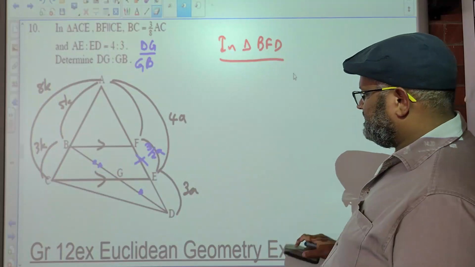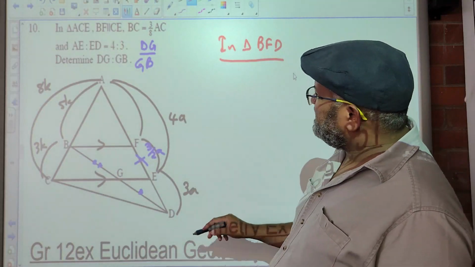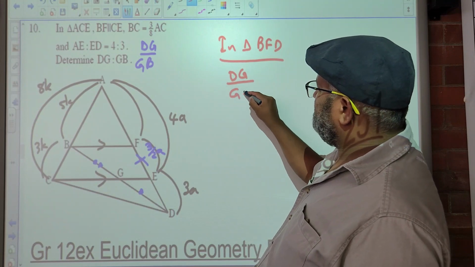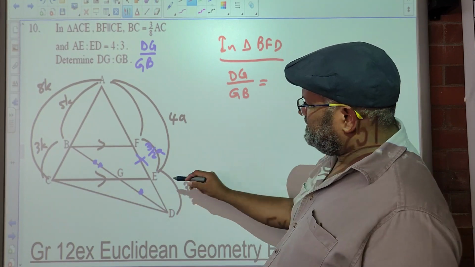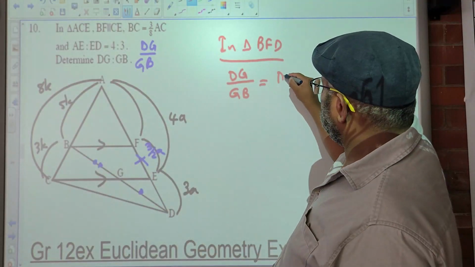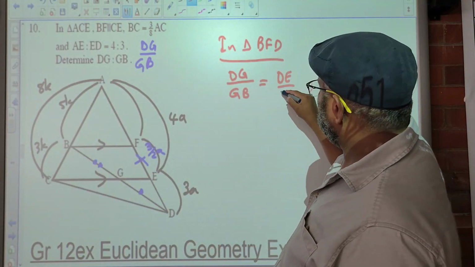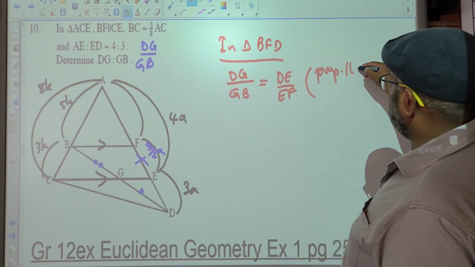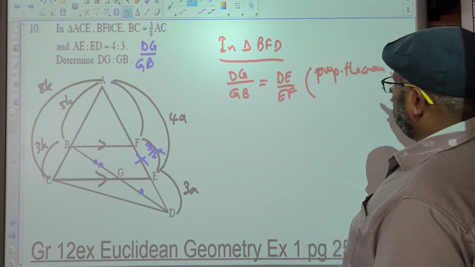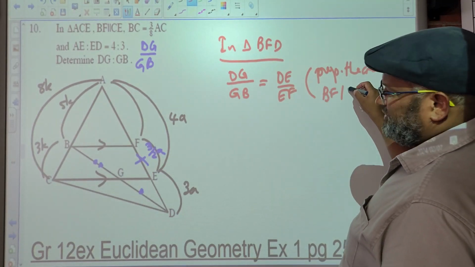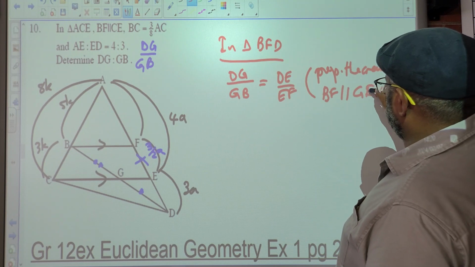Okay. What do I say? I can say that DG over GB is equal to DE over EF. Why? The proportionality theorem with BF being parallel to GE.